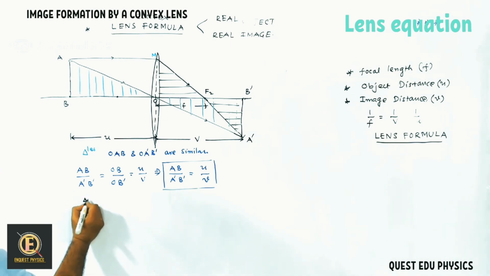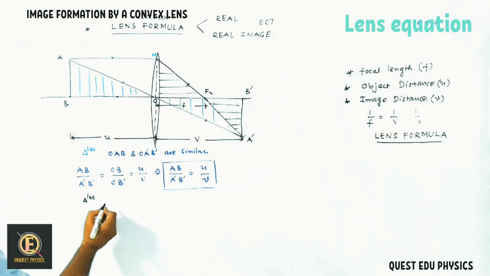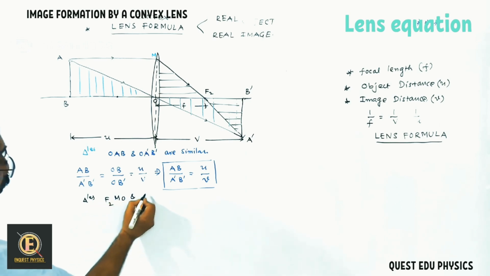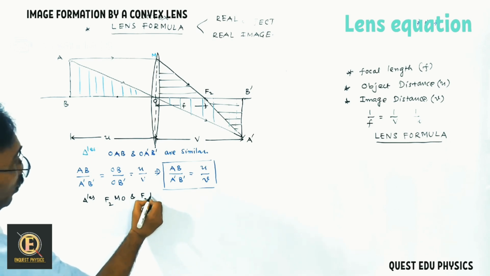And you know that when two triangles are similar, their corresponding side ratios are the same. Students, their corresponding side ratios must be the same.